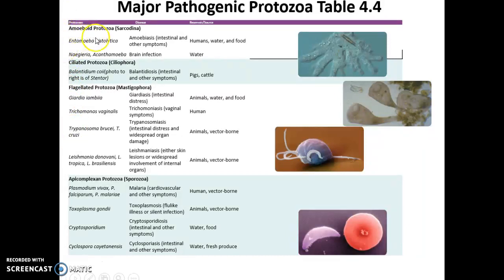The amoeboid protozoa, they move through pseudopods, right? Fake feet, what you see here. And so they can simply extend areas of their cell body, and basically grab on. And they can use these pseudopods to move throughout their environment. Again, it has to be water, moisture, in order for them to move.